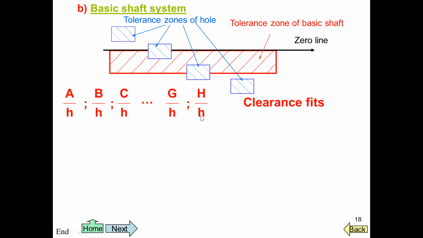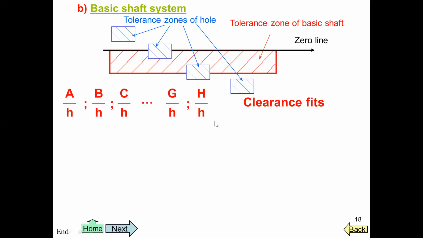I want to remind you that S over S is also a clearance fit, and may belong to the basic hole system or the basic shaft system. And this is a clearance fit with the minimum clearance always equal to 0.